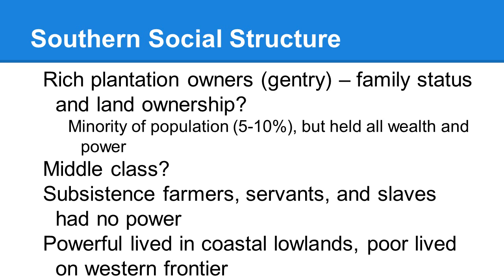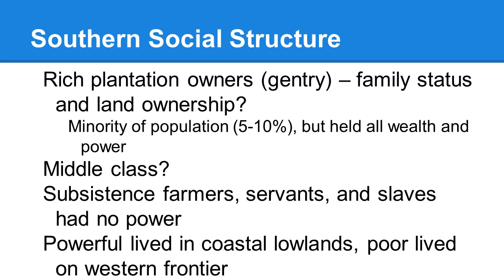You've got agriculture. So in truth, these poor subsistence farmers and their servants, or anyone's servants, and the slaves have no power whatsoever. It's completely run by the rich. So make sure you know who's got all the power here, which would be the gentry, and those powerful rich people will live on the coastal lowlands.